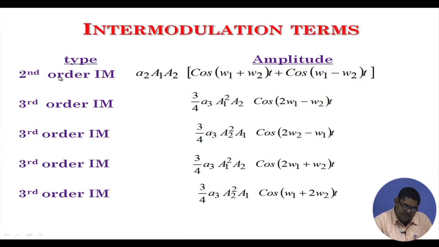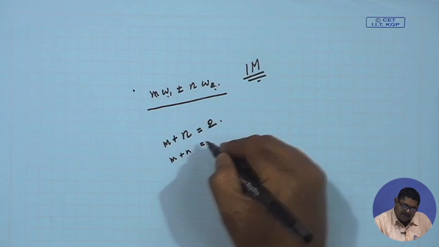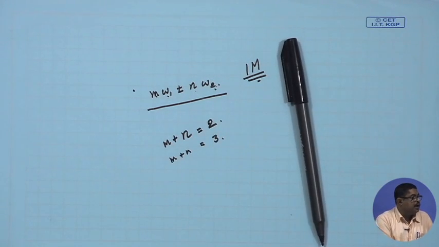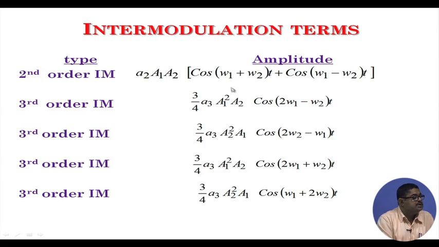If M plus N is equal to 3, it is called third order IM. So, when I have omega 1 plus omega 2, basically I have M as 1 and N as 1, so 1 plus 1 is 2. Similarly for cos omega 1 minus omega 2, the coefficient is 1 and 1. So, this is second order IM.